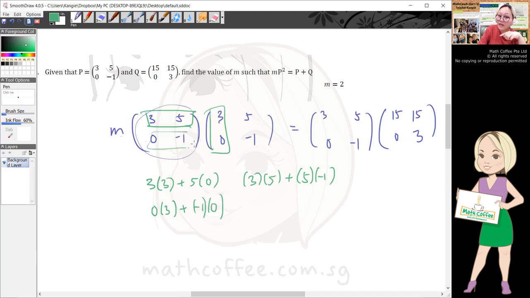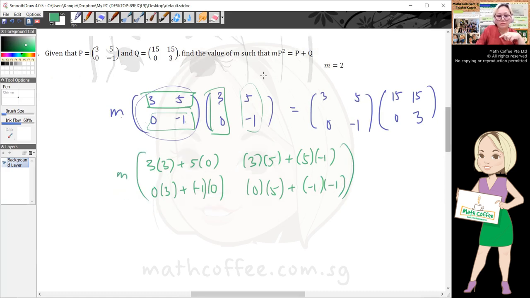Then after that will be second row and second column, so it will be 0, 5 and plus -1, -1. Okay. After that, I will get M, 9 and 0. So it's 9. 0 and 0, which is 0. 15 and -5, so it's 10. 0 and 1, so it's 1.